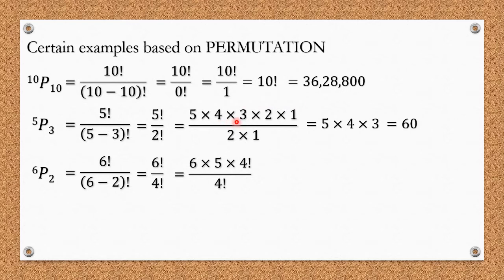If I just take 3 into 2 into 1, it naturally means 3 factorial. If I just take 2 into 1, it means 2 factorial. So 6 factorial can be converted as 6 into 5 into 4 factorial, because 4 factorial means 4 into 3 into 2 into 1. So it is obviously part of your 6 factorial.